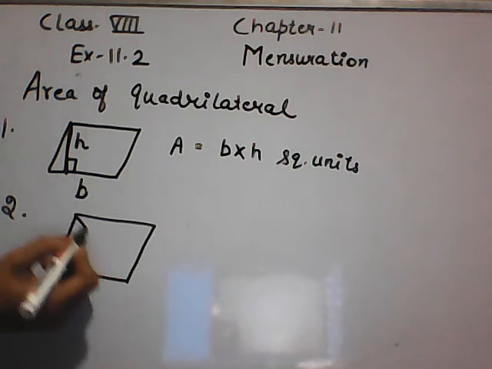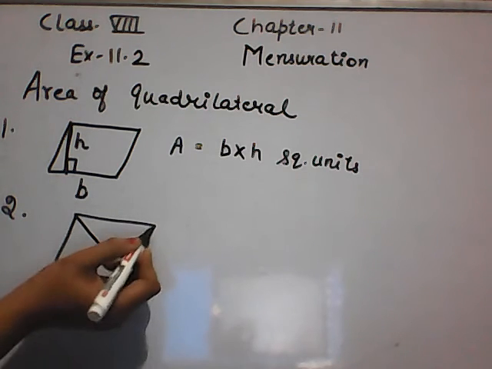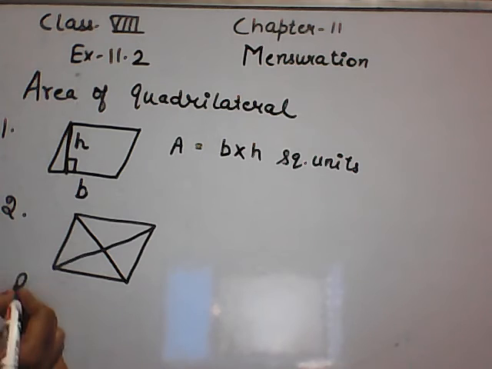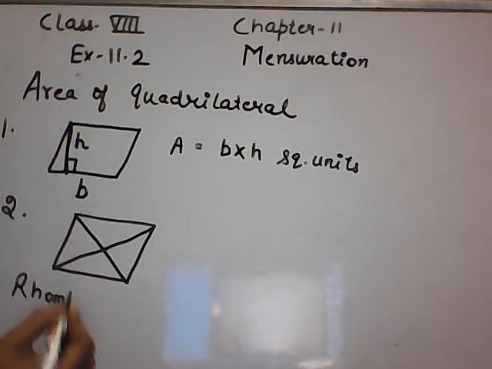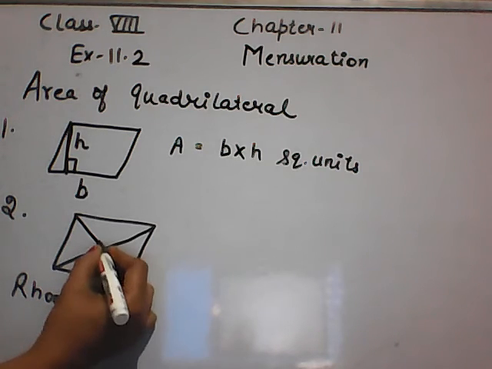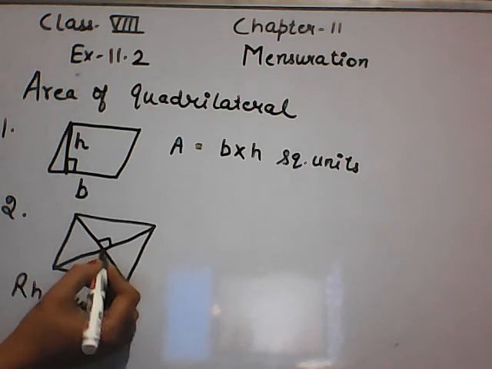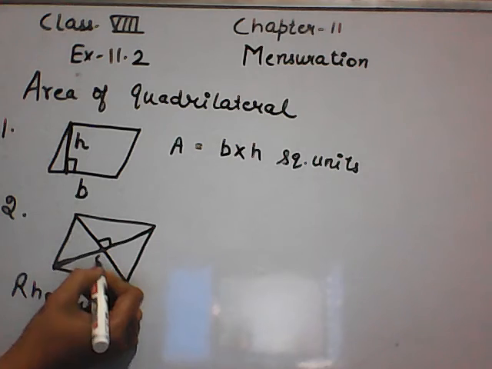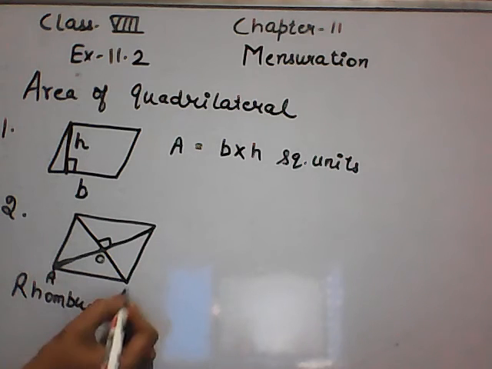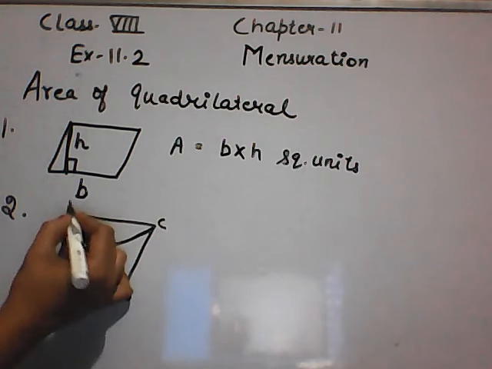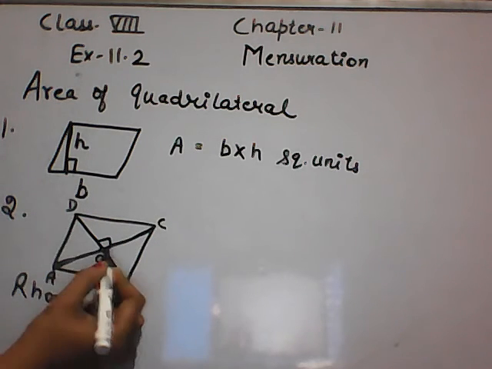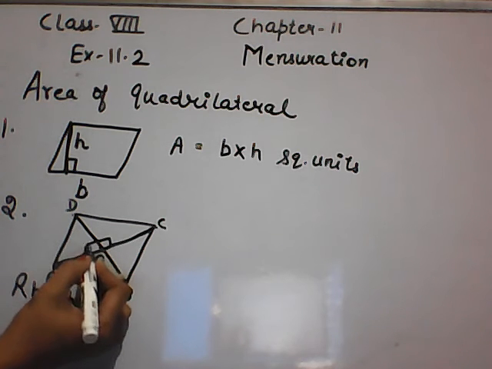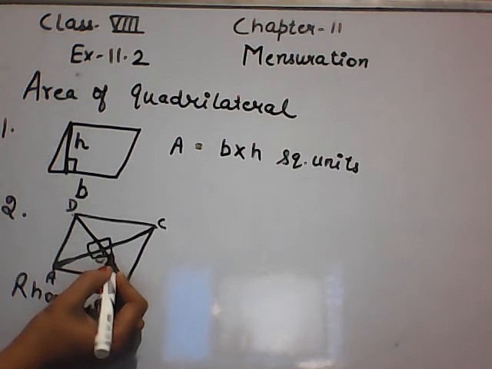There are two diagonals, and they bisect each other, which means these two lengths are equal. Suppose it is O, A, B, C, D. Bisect means OA equals OC, OB equals OD, and the angles are 90 degrees.